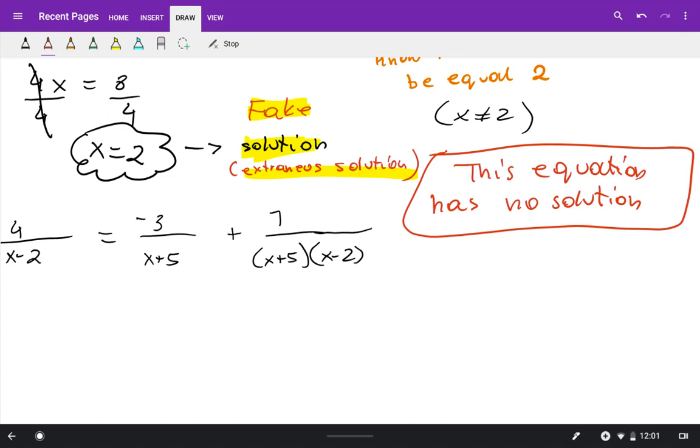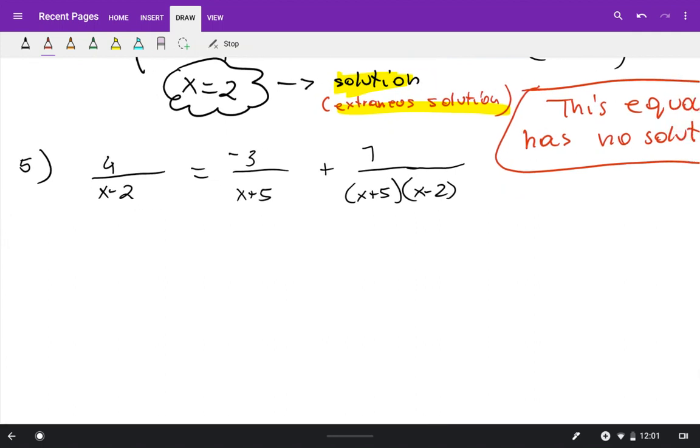Very important. Now, since I have fractional equations with expressions as denominators, I'm going to start with the condition. Technically later that will mean the domain. So I have to give the condition here.